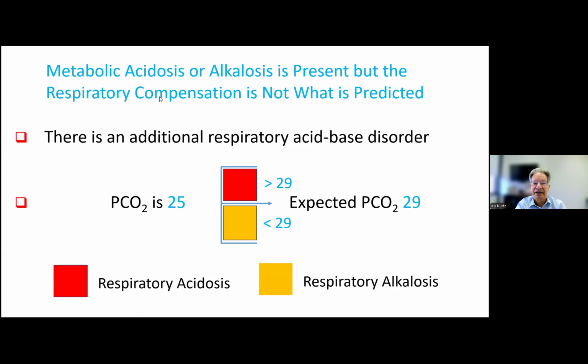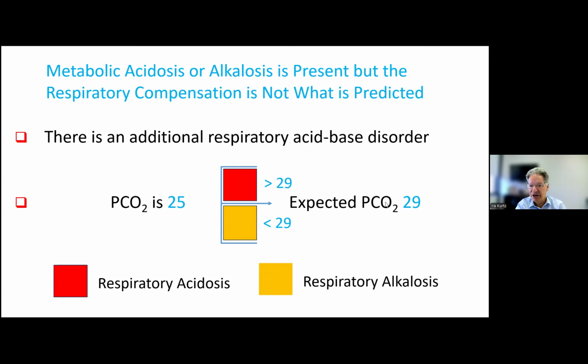So if you have in metabolic acid-base disorders compensation which is not predicted, you must always remember there must be, by definition, an additional respiratory acid-base disorder, and this is shown here. So our patient's PCO2 is 25, the expected is 29. This is hard for some people to understand, but what this means is that everything above 29, and again, we're ignoring the confidence bands.